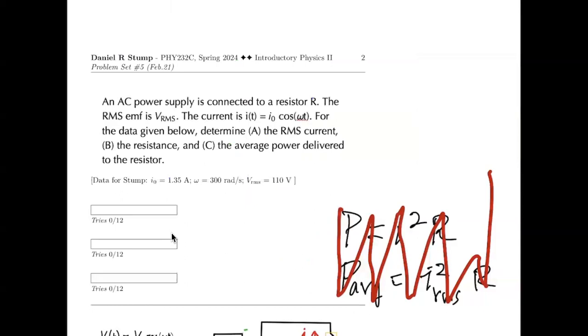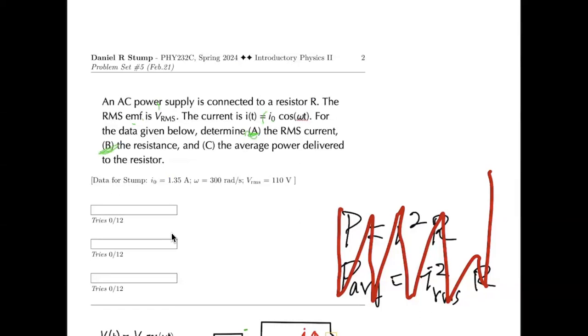And the RMS electromotive force, or the RMS voltage, we'll call that V_RMS. There's no phase shift if there's no capacitance or inductance, so the current will just be sinusoidal with a value I0, which would just be given by Ohm's law.